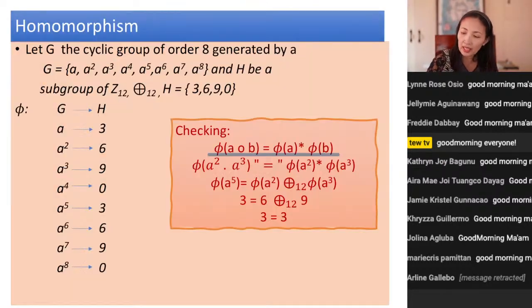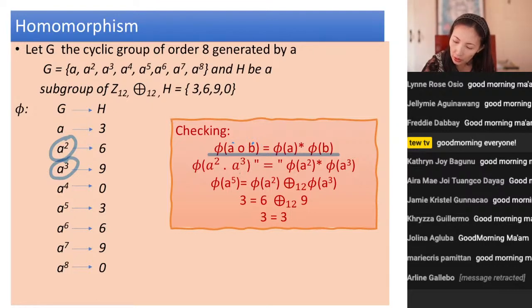So, let's identify two elements of G. Let's say A squared and A to the third. So, the mapping phi of A circle B, where A and B refer to two values in G which we have identified to be A squared and A to the third.